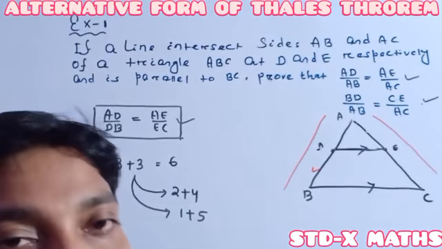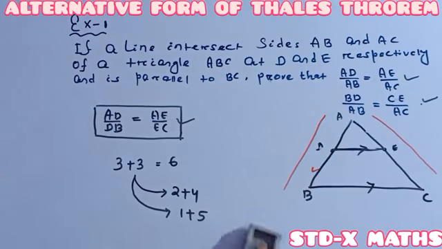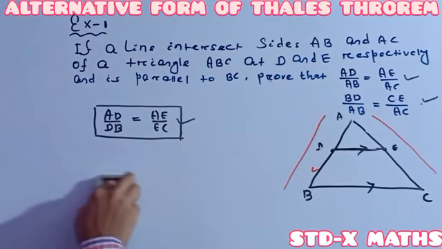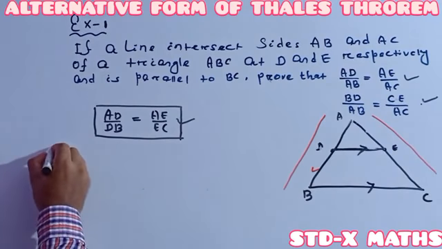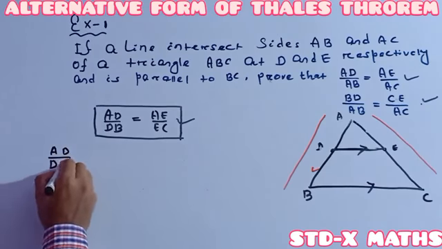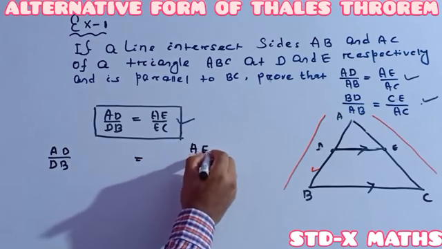But how to prove? See, it is very easy. Mindfully you just have to see how it can be solved. First I want to do one thing. In this equation, AD divided by DB is equal to AE divided by EC.